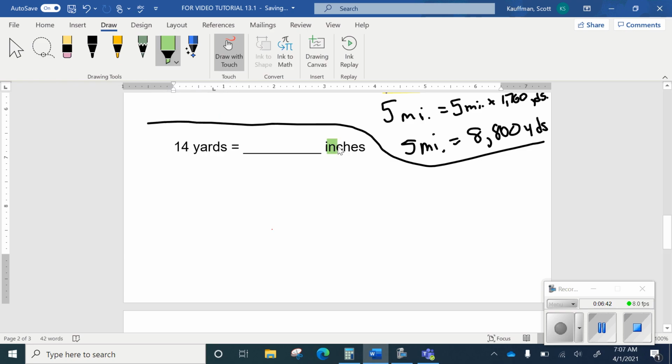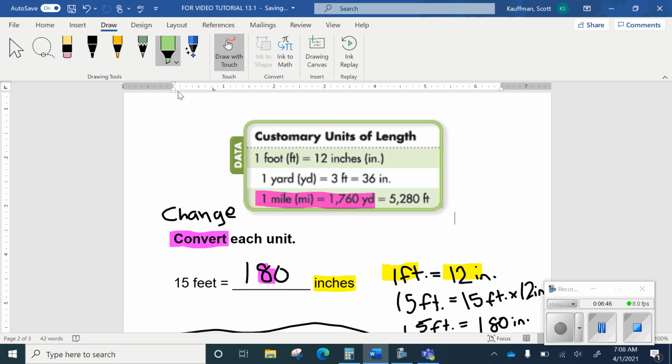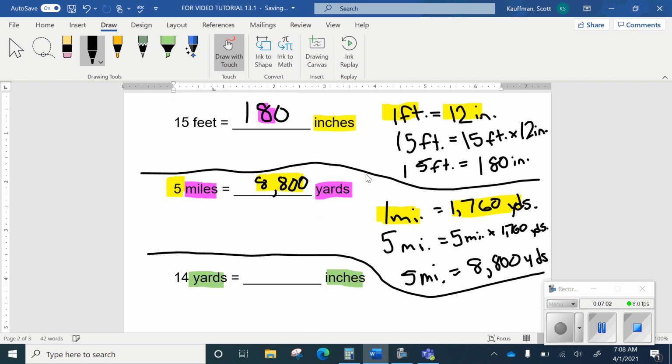All right, I have inches and I have yards. So inches and yards. Where are they? I see yards. I see feet. Oh, I see inches right here. I'm going to scribble out this middle part. I don't need that. 1 yard is 36 inches.